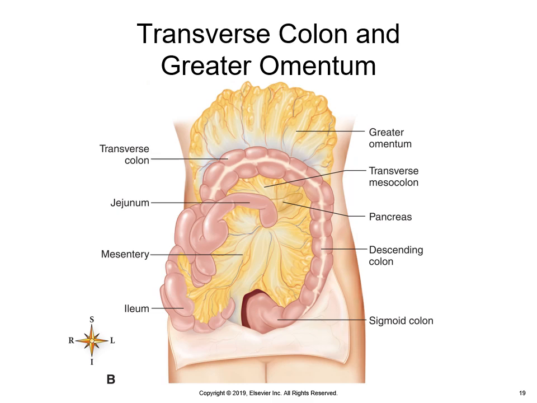In terms of function, it provides vascular support. So it contains blood vessels, nerves, and also lymphatics. And it allows the transverse colon to move, but it doesn't allow excessive movement or excessive displacement.